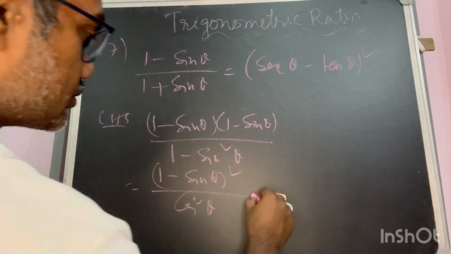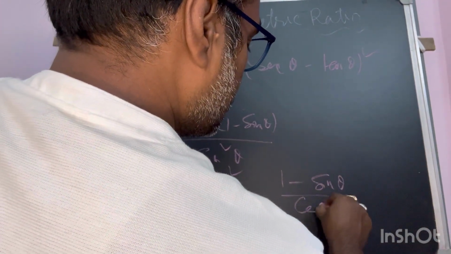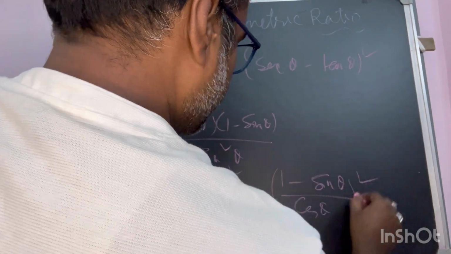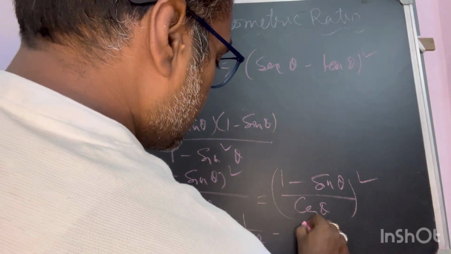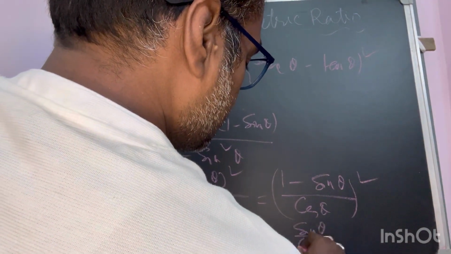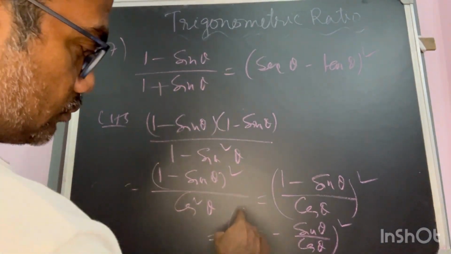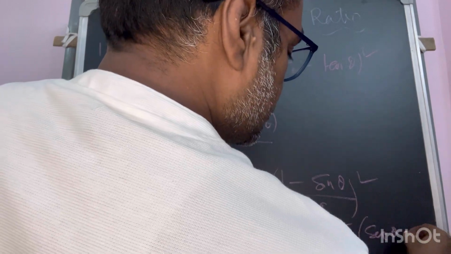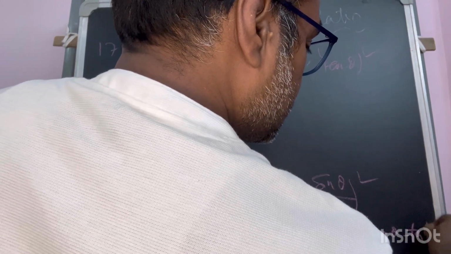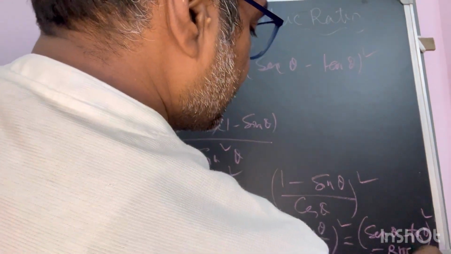Now as both are square, I can write it like that, 1 minus sin theta by cos theta whole square. So 1 by cos theta, I can write it like that, 1 by cos theta minus sin theta by cos theta, that whole square. So 1 by cos theta is equal to what? Sec theta. Sin by cos is equal to tan theta, that whole square. So hence proved, it is the right hand side.